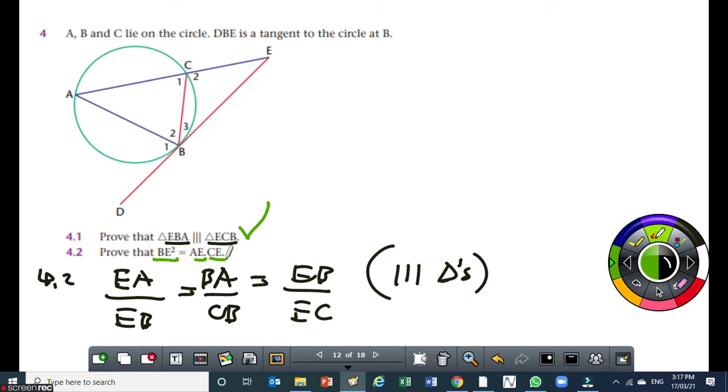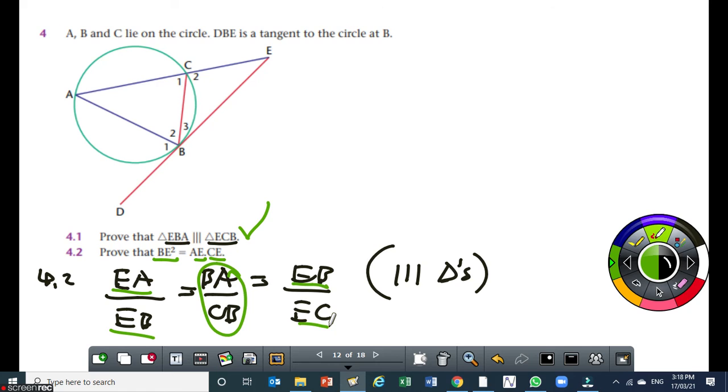If you look at our ratios, we have got AE here. AE is the same as EA. We have got EB, which is the same as BE. This one here has no relationship with our question. But we have got EB, and we have got EC, which is the same as CE.